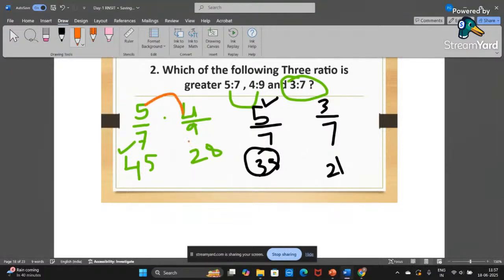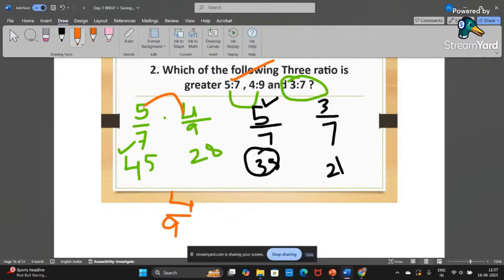Between these two, 28 is the smallest one. So you have to compare 4 by 9. Because we have taken another example, don't get confused with the given question. This 5 by 7 is the greatest one. Now we are finding the smallest one. So already we have the values. Let us type directly 4 by 9.